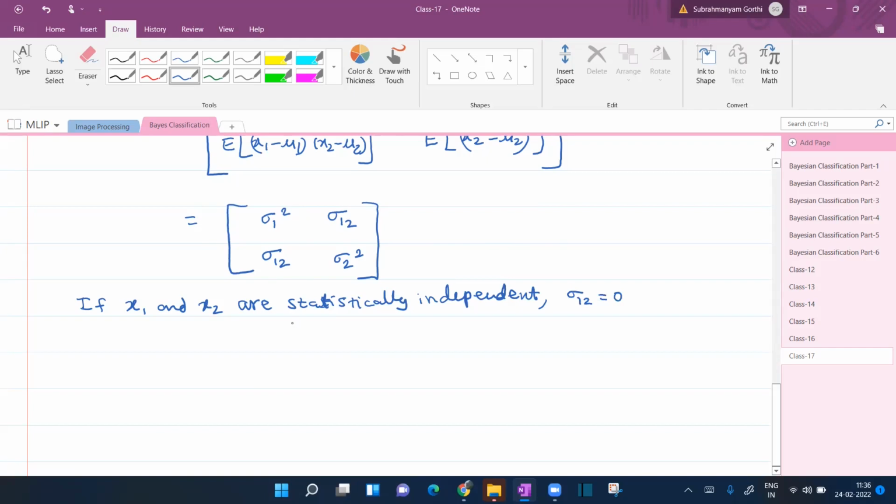So if you understand what statistically independent means mathematically, you will be able to say it. Suppose my probability distribution of x1 comma x2 can be written as, when is it statistically independent? Probability of x1 into probability of x2. Very good. Then you call it statistically independent.